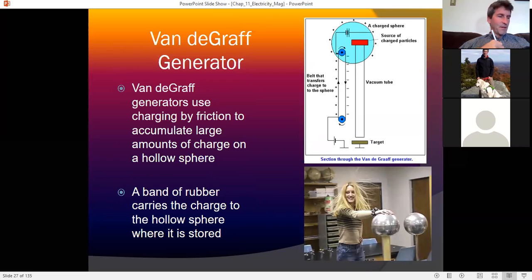Here's something that's cool. This is a Van de Graaff generator, and this uses a triboelectric effect to build up charge. I used to use these a lot in demonstrations, but they build up like 500,000 volts of charge, which for us, it's not the voltage that's dangerous.